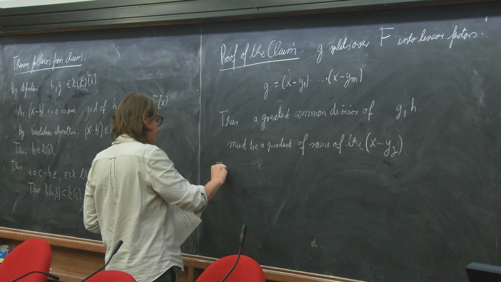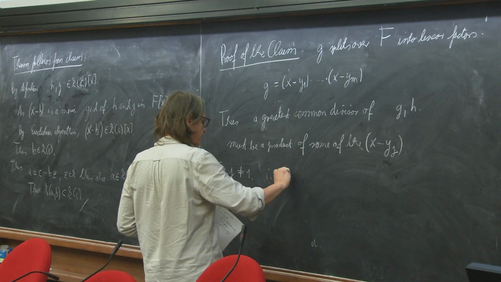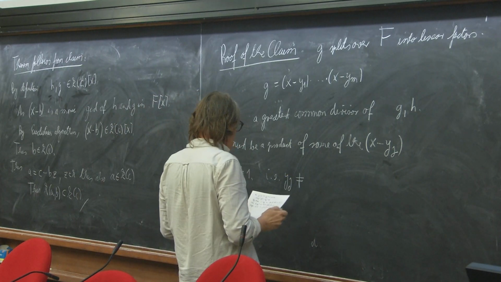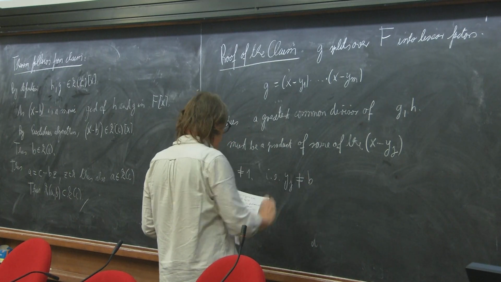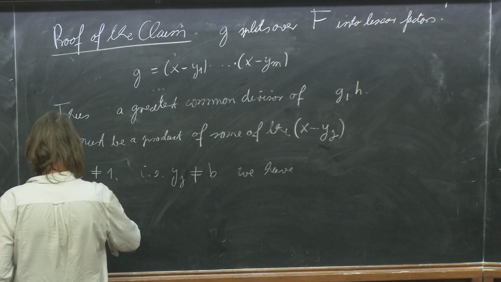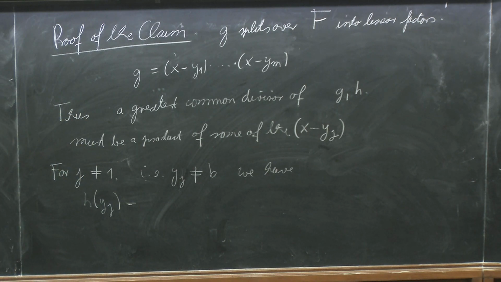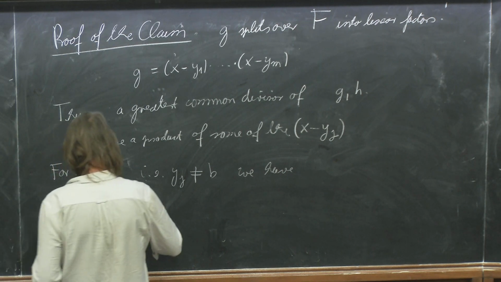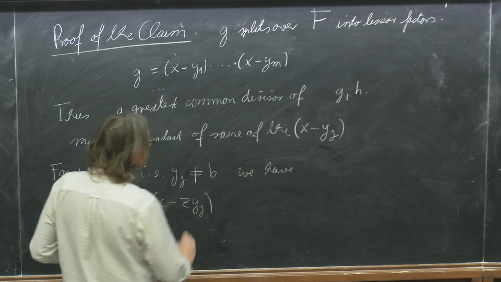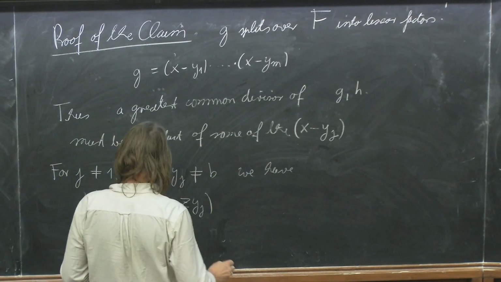So for j different from 1, that means yj is different from b, here we have h of yj is by definition f of c minus z times yj. And I claim this is not 0.